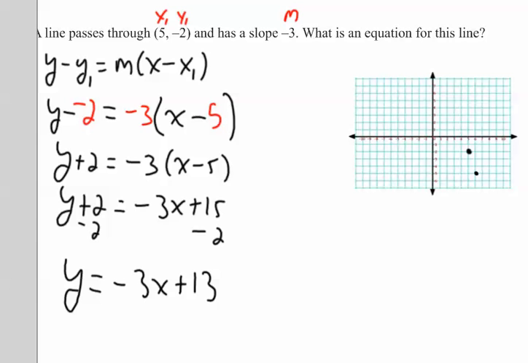I don't have enough room to go down 3 over 1 again, but I could go up 3 and left 1 from that point, and that's my line right there. There's my line for the equation y equals -3x plus 13. That is in slope-intercept form, but use the point slope form to actually graph this.